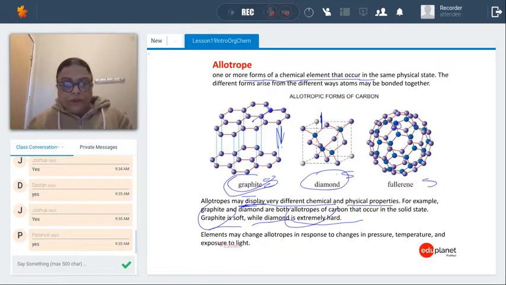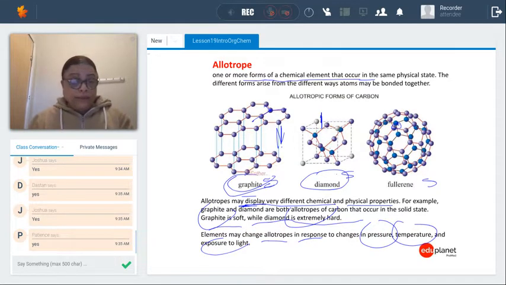Okay, so you can change from one allotrope to the other in response to different pressure, different temperature, and exposure to light. So you can take graphite and convert it to diamond if you put it under enormous pressure and temperature. Then you will get synthetic diamond.